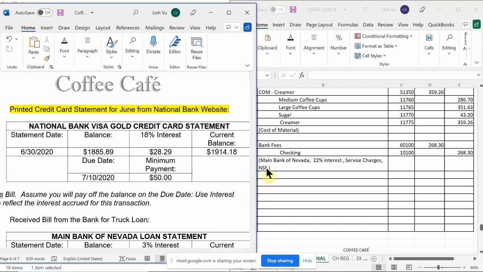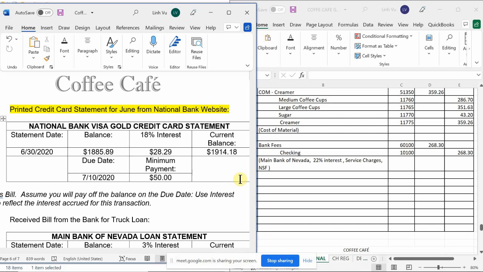So in this case, we printed out our credit card statement from National Bank Visa. Okay, so here's all the information on what's going on with this account. Here we have our statement date, and then the due date is July 10.